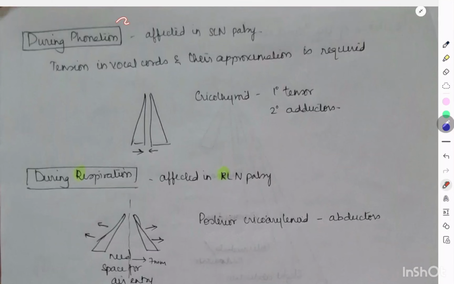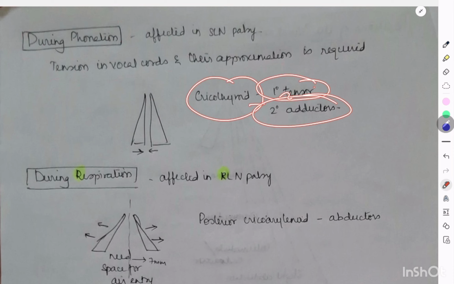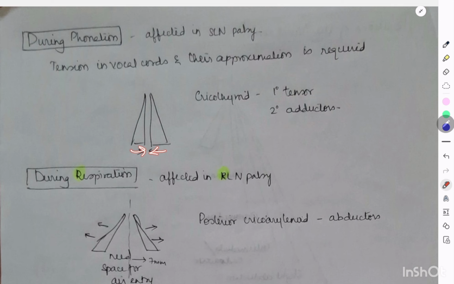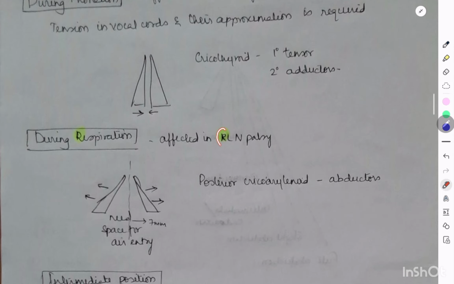So during phonation, tension in the vocal cords and their approximation is required. That is done by cricothyroid. Cricothyroid is primary tensor and secondary adductor. So this will keep the vocal cords in midline position. During respiration, the recurrent laryngeal nerve is involved. We need abduction so that there is more space for air entry, so posterior cricoarytenoid is involved mainly.